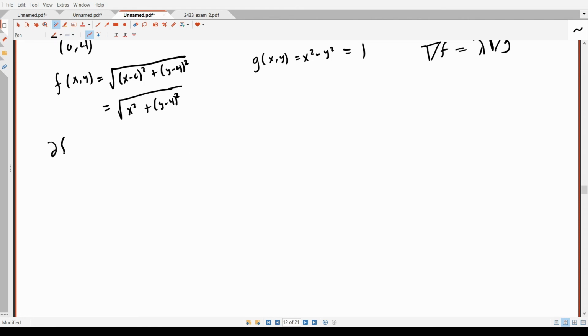Okay, so the partial of f with respect to x, so I do the square root, that's going to be 1 over 2 root whatever I have in here, times the derivative of what's on the inside with respect to x, that's going to be 2x. So these cancel out. And I do the same thing for y, that's where my mistake was.